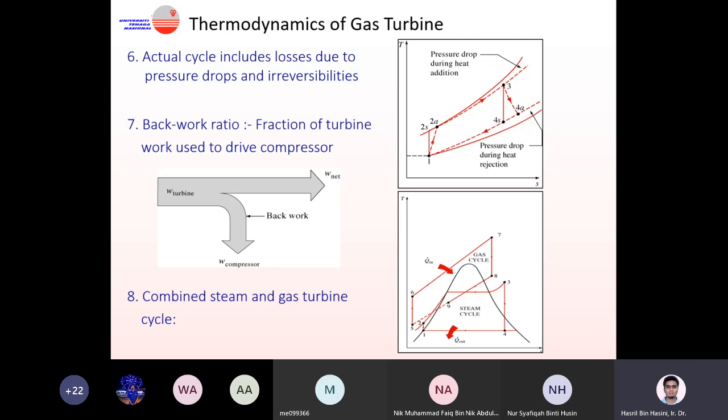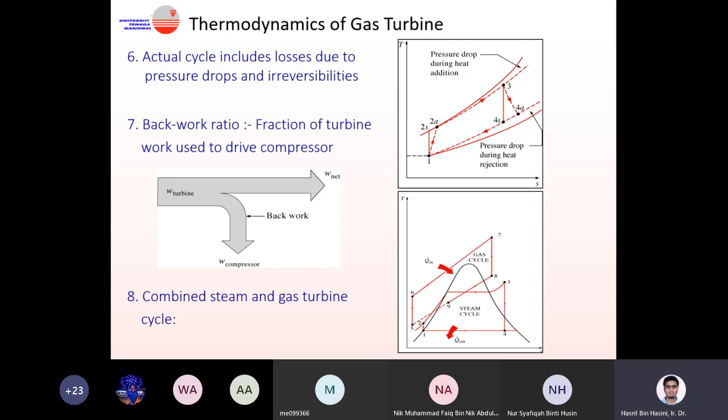Under the ideal scenario, of course, we assume 1 to 2 to be isentropic and 3 to 4 to be isentropic as well. Under ideal conditions, we also assume the 2 to 3 heat addition occurs at constant pressure, and 4 to 1 also happens at constant pressure. But in reality, that is not possible, because we always have losses.